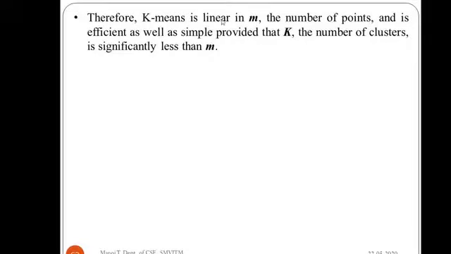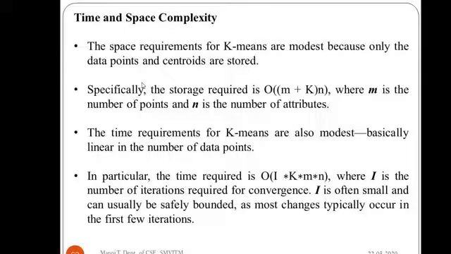Therefore, k-means is linear in m, the number of points, and is efficient as well as simple, provided that k, the number of clusters, is significantly less than m. So this is regarding the time and space complexity of the k-means algorithm.